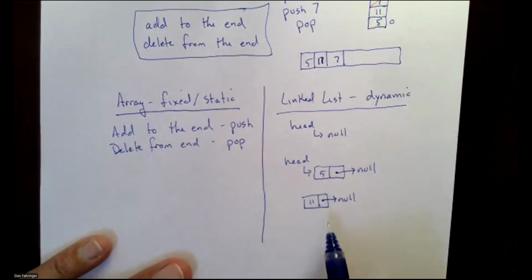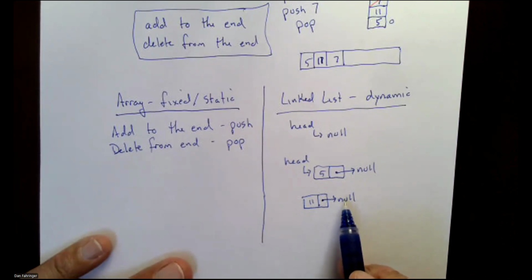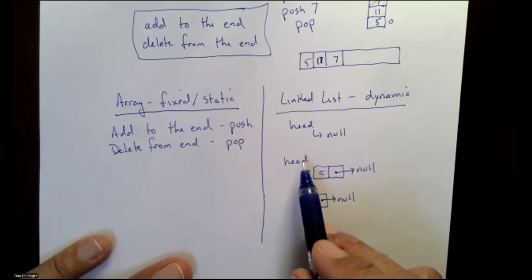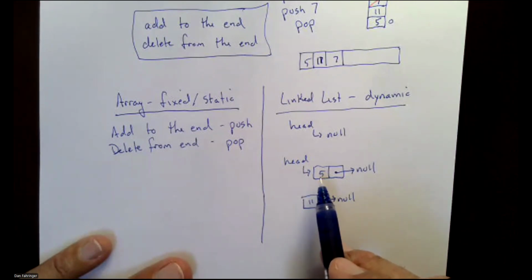What's the next step? This guy's pointer gets the value of what? The value of 5. Yeah, it gets the value of head.